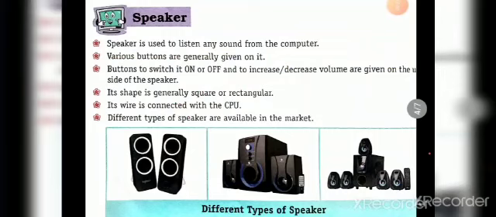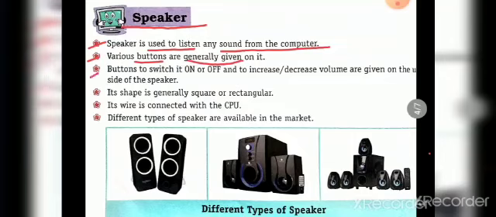Now our next topic, speaker. Speaker is used to listen to any sound from the computer. Various buttons are generally given on it. Buttons to switch it on or off and to increase or decrease volume are given on the upper side of the speaker.